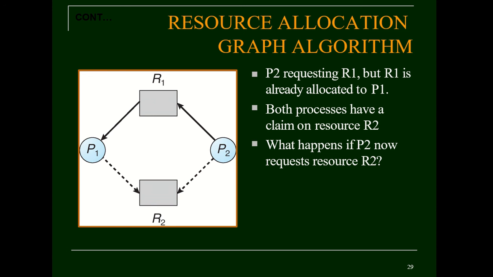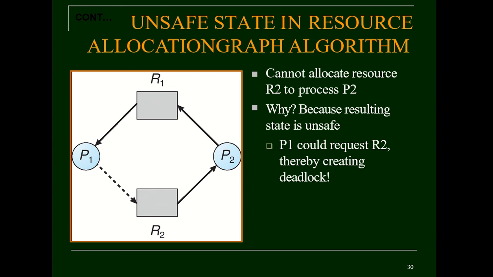Both the processes have a claim on the resource R2. So what happens if P2 now requests the resource R2? As we can see, the dashed lines are the claim edges.